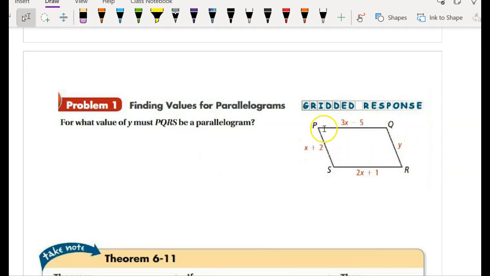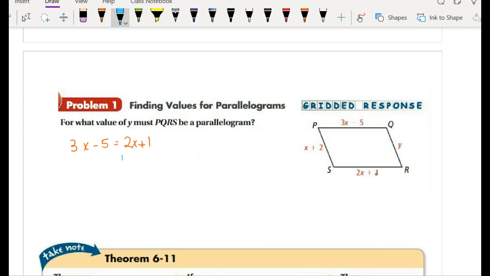When I look at PS and QR, I have two variables, so I can't use that one. When I look at PQ and SR, I have the same variable, x here and x here. So if this is a parallelogram, then they have to be equal. So I'm going to say 3x minus 5 is equal to 2x plus 1.